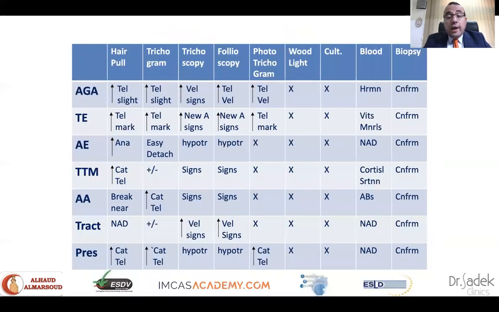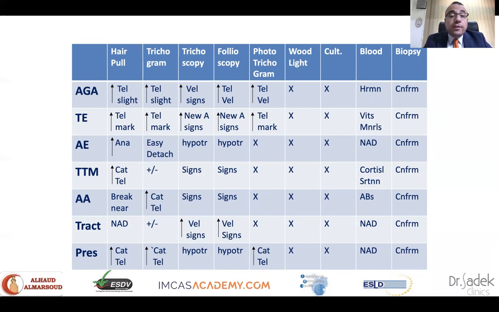I'd like to end this workshop with those 2 slides, which are a collection of all the investigations that you can perform to differentiate cases of generalized hair loss. You can take photographs of this. It's a really important table, which I've worked on.